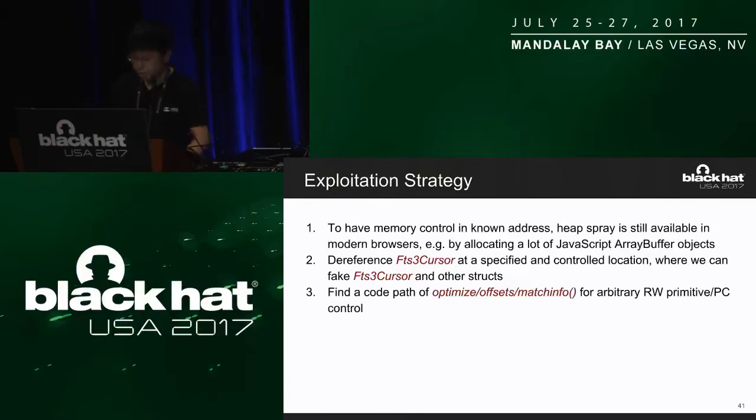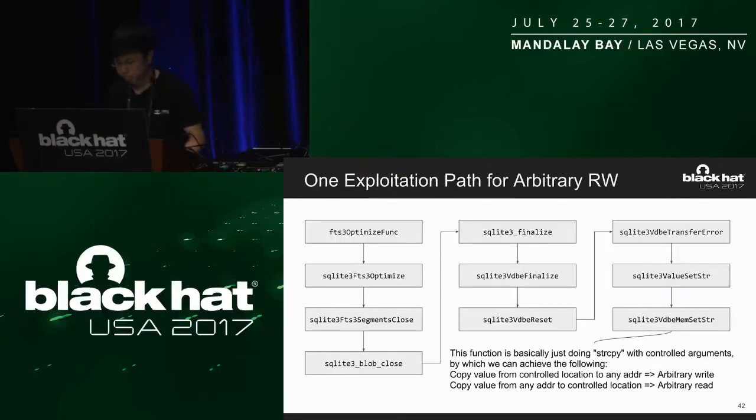So in the following slides, we will show some exploitation paths that we used. But it's also possible to find other code paths to achieve the same results. So on this diagram, it demonstrates one path for an arbitrary rewrite primitive. The last function is SQLite3 VDBE mem set string. This function is basically just doing string copy with controlled source and destination.